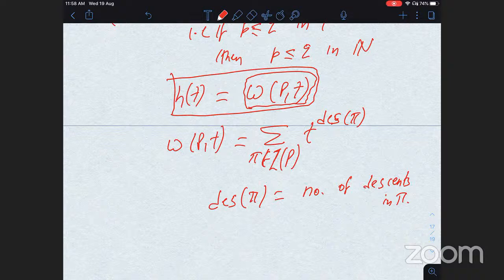Thank you. Another question: is there some way to compute these polynomials? If I'm given the Hasse diagram of a poset, can I directly compute h of t without going through the linear extensions? For a rank 0 poset, it is easy, but in general it is not easy to compute, and I don't know any way to compute this.